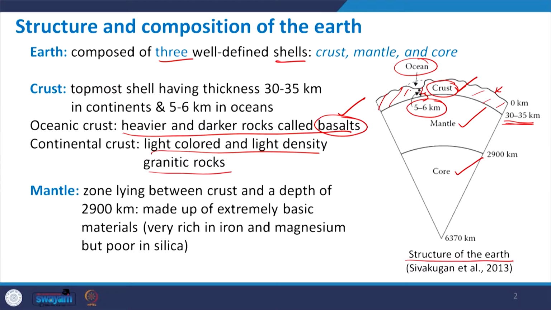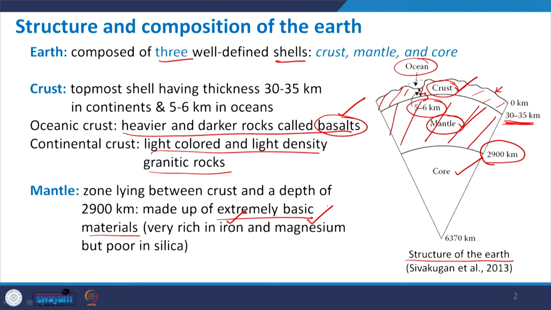Then the next component is the mantle. As you can see, the portion of the earth lying from 30 to 35 kilometers to 2900 kilometers, that is this portion, is called the mantle. Okay, so this is made up of extremely basic materials, and this material is very rich in iron and magnesium.